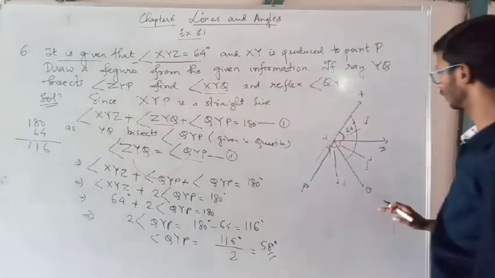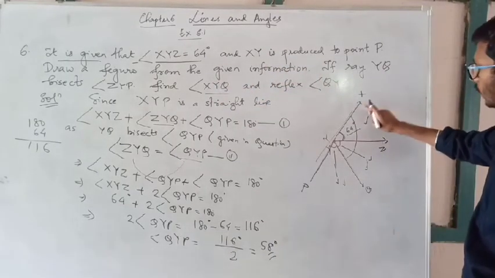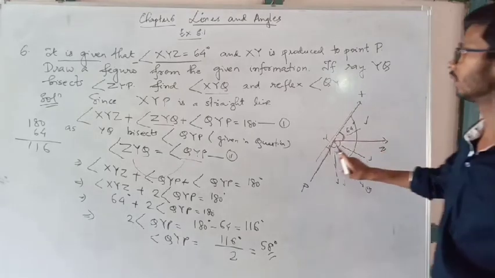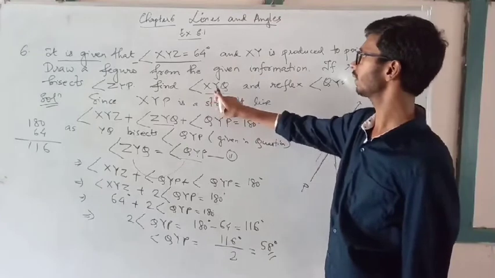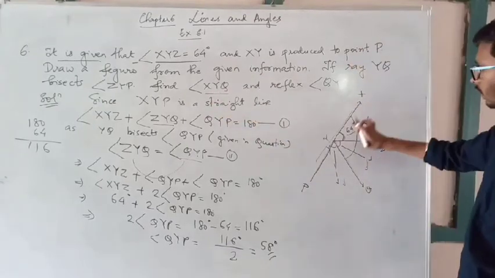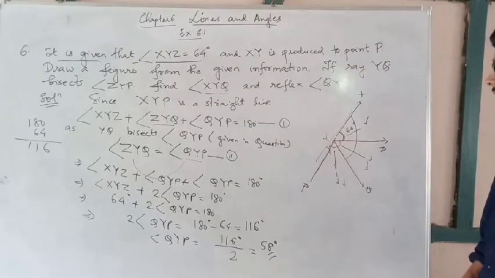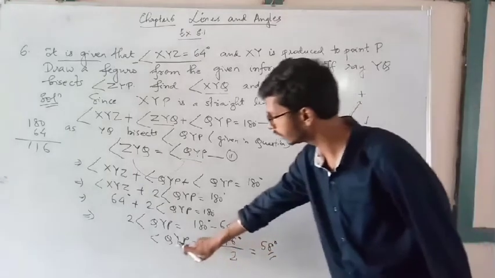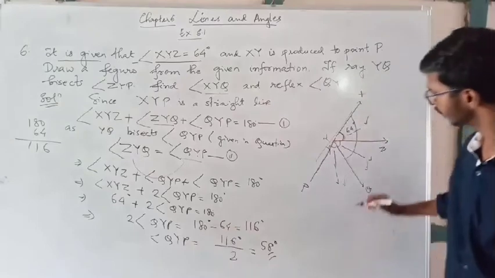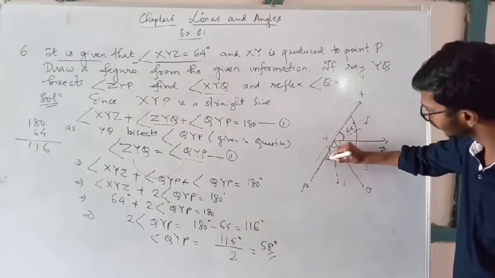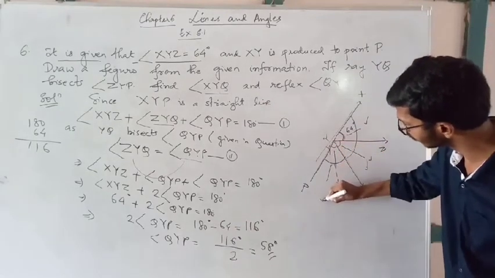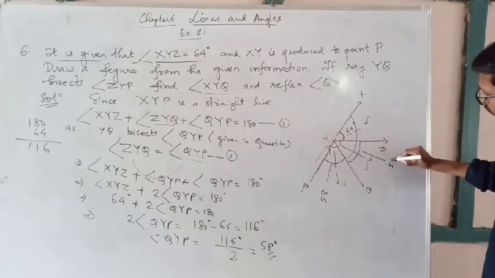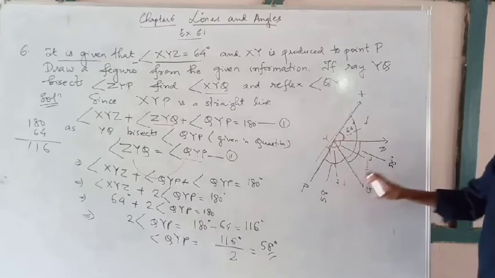Now in the question it asks us, what is the measure of angle XYQ? Now you see here, this is 64. How much did I get for QYP? This measure I got just now as 58. So this value is also 58, because both are the same.